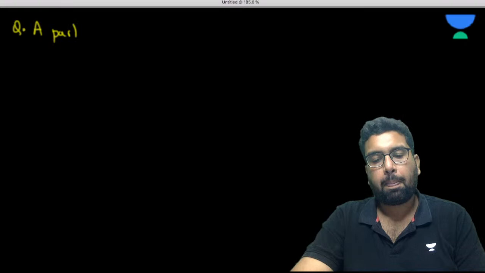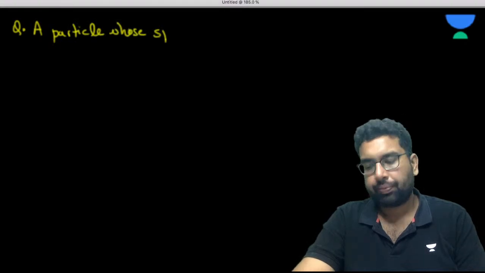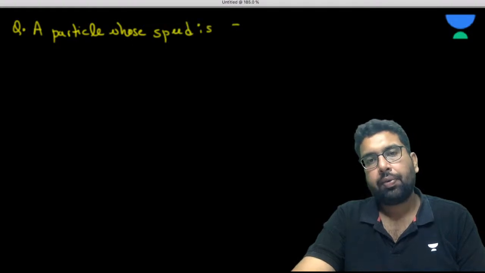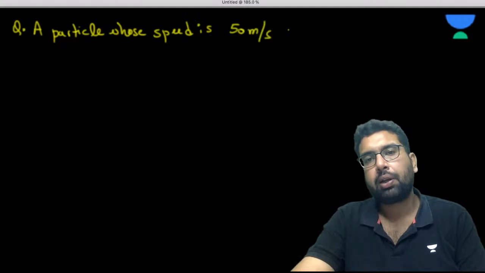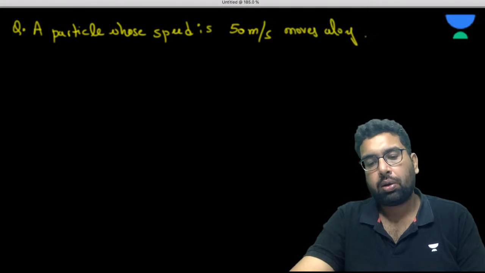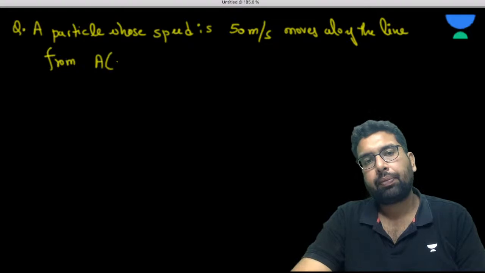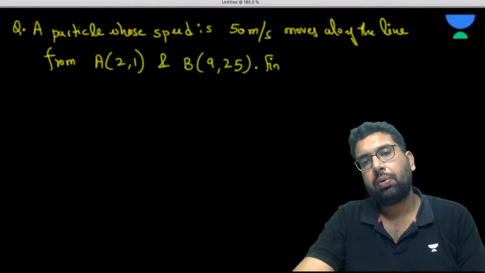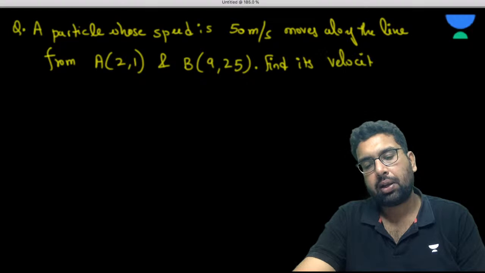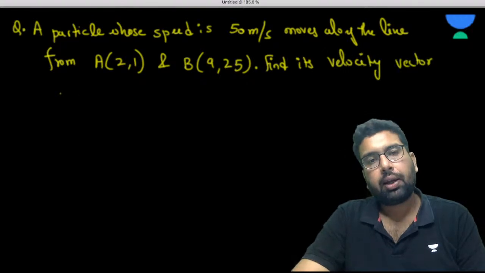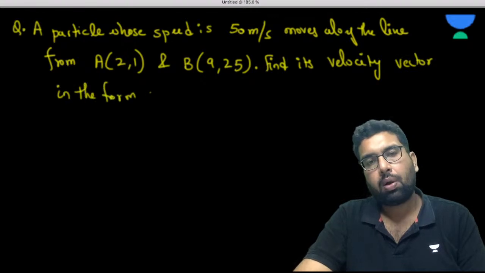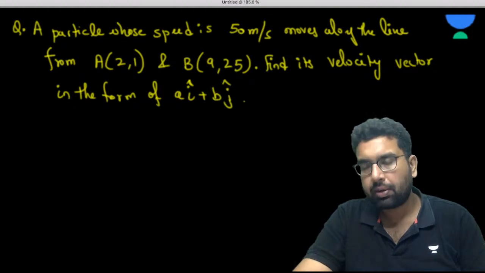Now let's try one more question. Let's suppose a particle whose speed is 50 meters per second moves along the line from A (-1, ...) to B (9, 25). Now we need to find its velocity vector, in the form of A I vector plus B J vector.